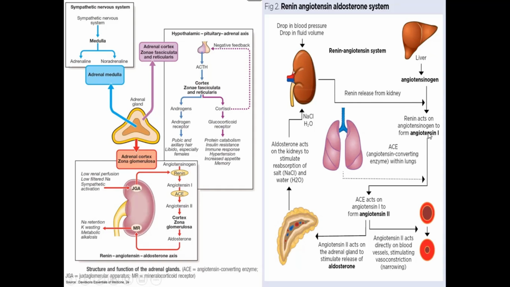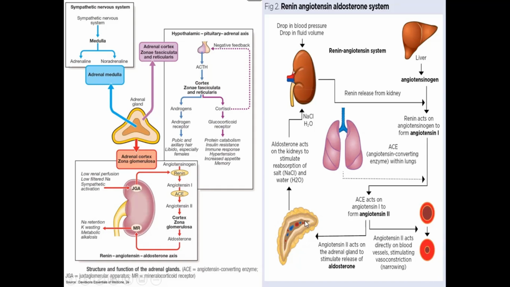This angiotensin 1 will go to the lungs, where angiotensin converting enzyme within the lung will change angiotensin 1 to angiotensin 2. Angiotensin 2 goes to two places. One, it goes to the zona glomerulosa of the adrenal gland to release aldosterone. It also acts directly on the vessel, causing vasoconstriction, increased SVR, increased BP.